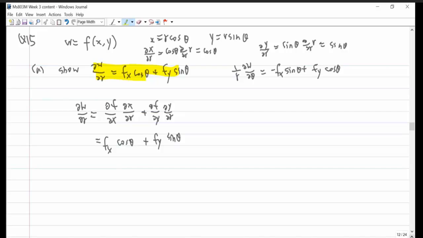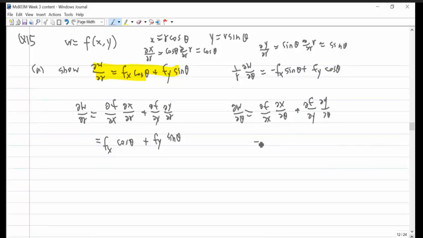Okay, let's try the next one. So W can also depend on theta now. So I can actually find dW/d theta now. Using the chain rule, W depends on x and y, so you take partial differentiation of f with respect to x first, then partial differentiation of x with respect to theta, then plus partial differentiation of f with respect to y, then partial differentiation of y with respect to theta.